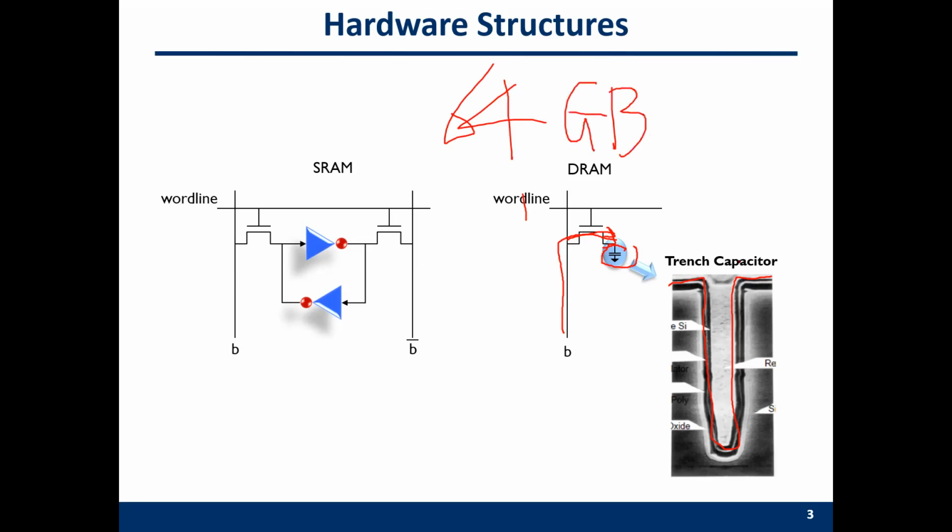How many holes do you need to dig? 64 multiplied by 8 G. You need this amount of structures, not necessarily on the same die, maybe 8 dies or 16 dies, but still the number is very significant.